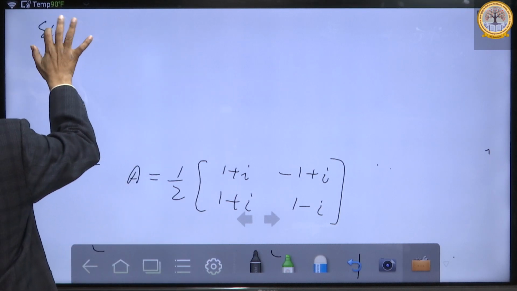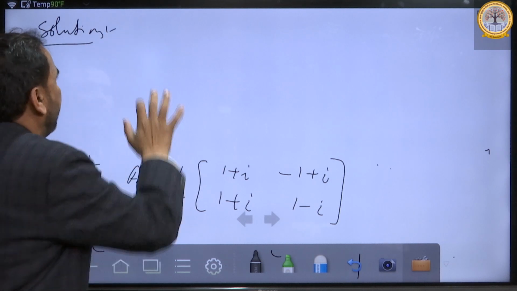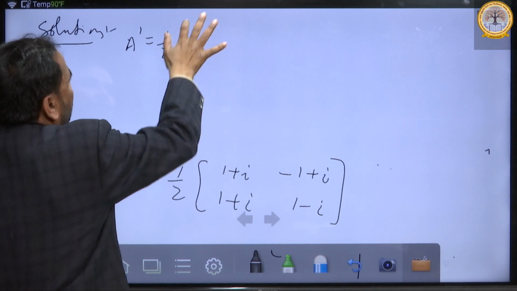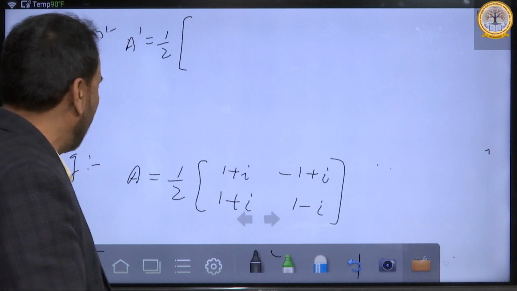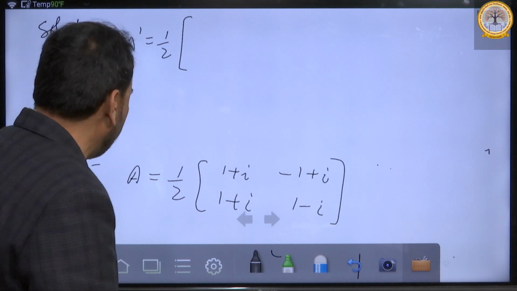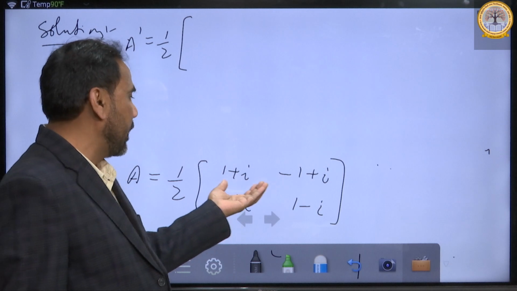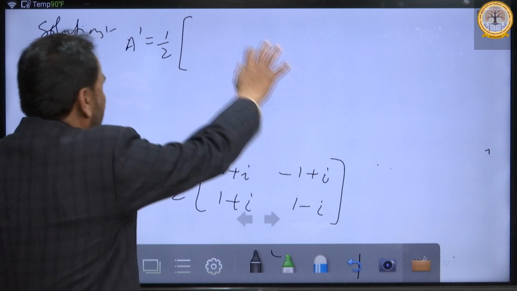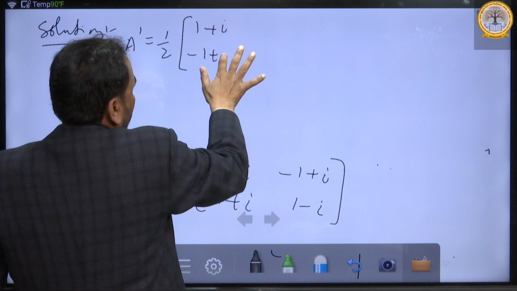Firstly we find A dash. A dash is equal to 1 upon 2, and A dash means the transpose of matrix A. Matrix A has first row 1 plus i, minus 1 plus i, so we write it as the first column 1 plus i and minus 1 plus i.